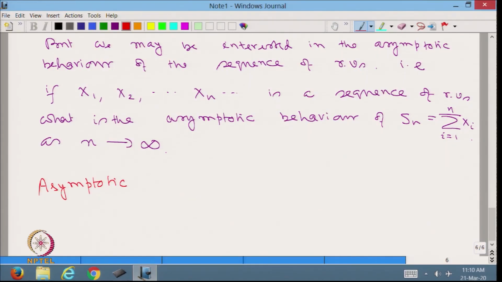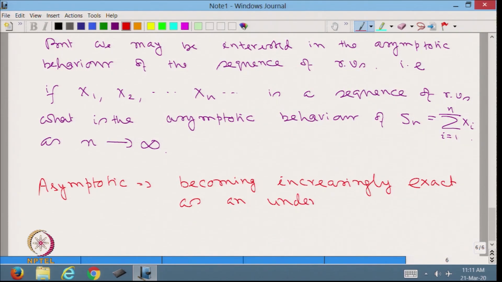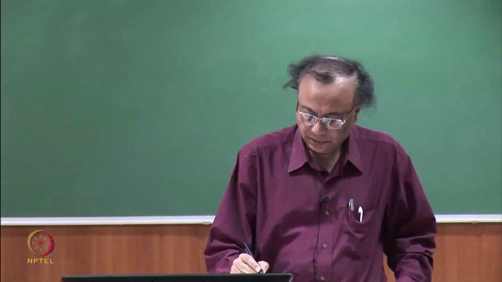Asymptotic means becoming increasingly close, increasingly exact, as an underlying variable approaches a limit.